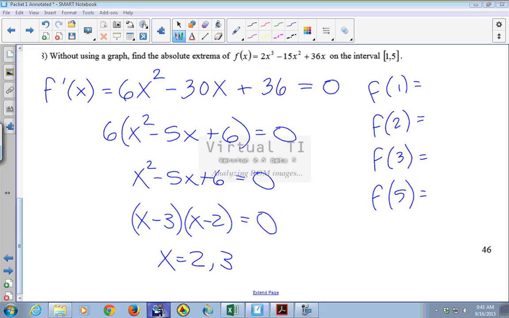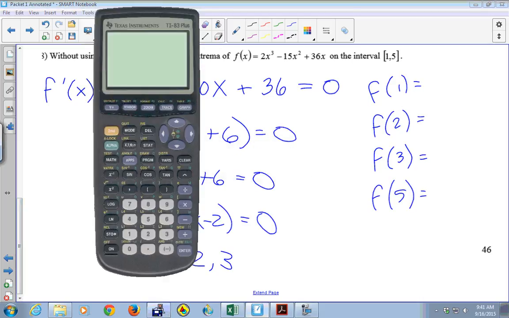All right, let me get a calculator for this. So I'm just going to type the formula into y1, 2x cubed minus 15x squared plus 36x. And then I'll just use my table. Put in 1, 2, 3, and 5.